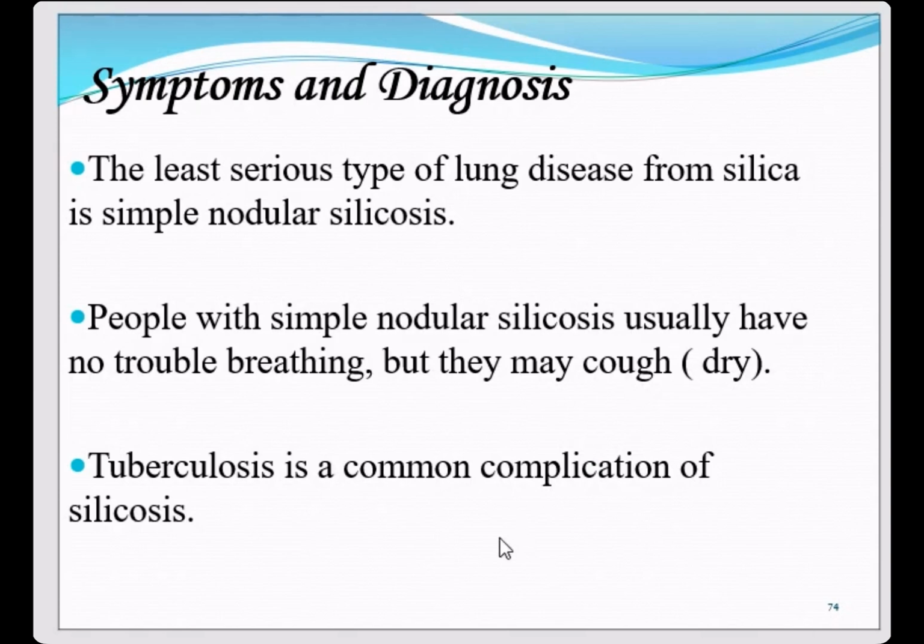For a patient with silicosis, tuberculosis is a common complication.